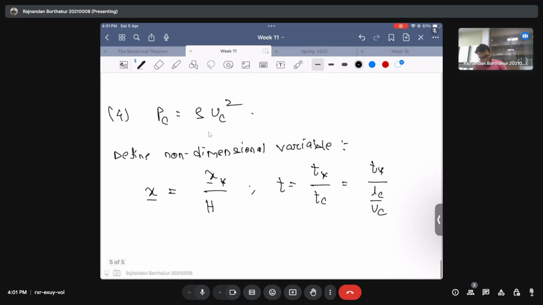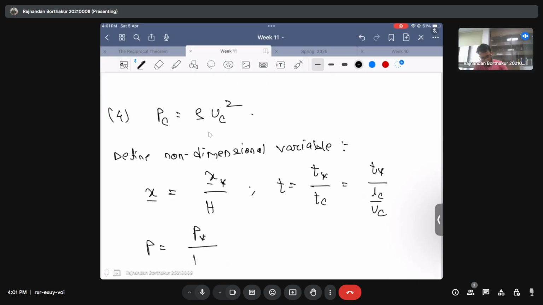And what do we have? My non-dimensional pressure p is my dimensional pressure p star by pc, and we know that pc is rho uc square, so it is just p star by rho uc square.